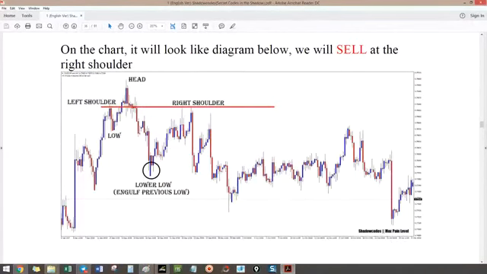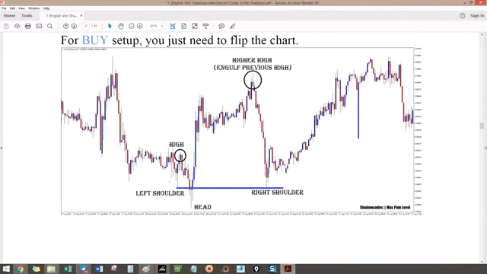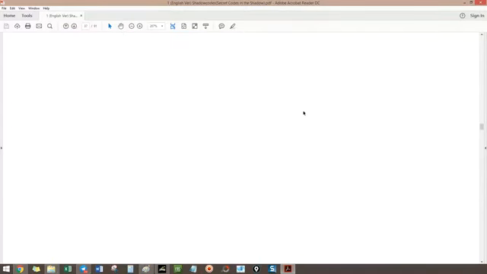Right, so it will be something like this. You have a left shoulder, a low, a head over here, and then a lower low here, and it will test at the right shoulder. For buy setup, you have a low, a high, a lower low, a higher high, which already breaks this, and it will test back at the right shoulder, and it went off. Okay, just like that.